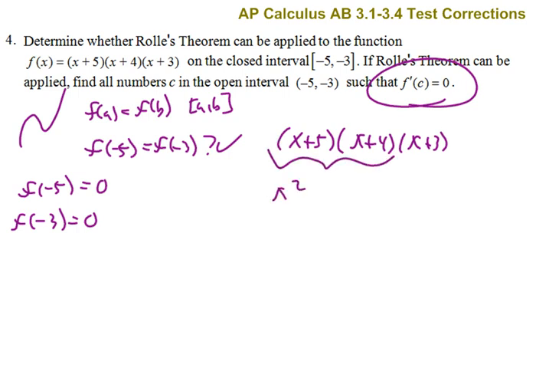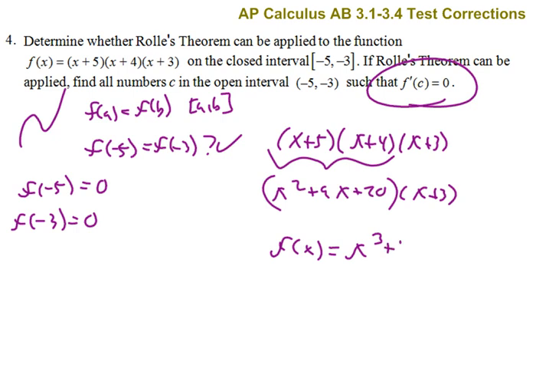We'll get x squared, 5x and 4x, so that's plus 9x, and then 5 times 4 is 20. And then after multiplying that, I'm going to multiply it by x plus 3. After multiplying all that together, I did it on the side here, so I'm just going to tell you what we get: x cubed plus 12x squared plus 47x plus 60.